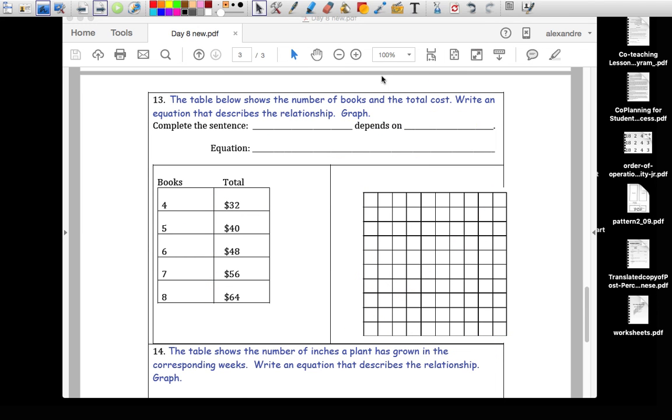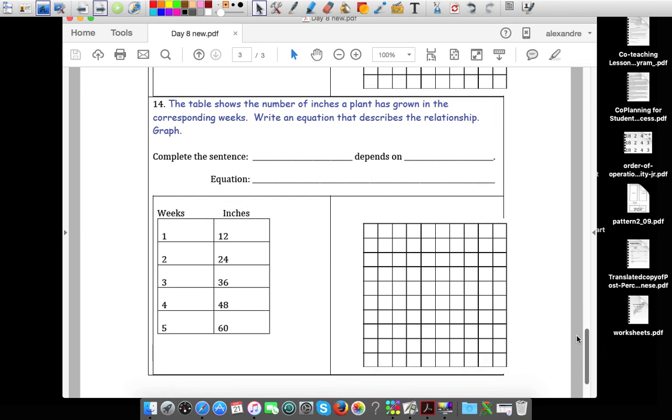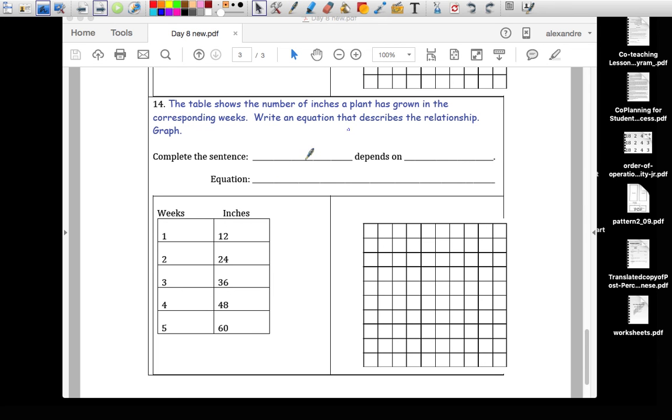Okay, so let me lower it. I think we have one more. Same thing. Let's see what this says. Weeks and inches. So something is growing every week. Okay, so complete the sentence. The inches depend on the weeks, or the weeks depend on the inches.